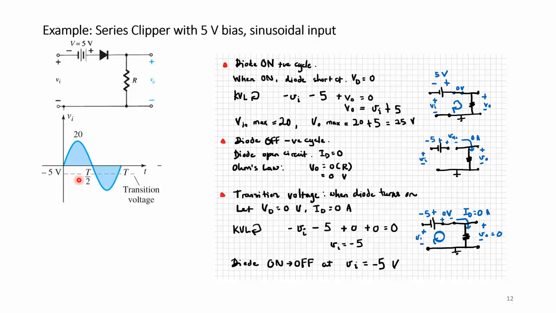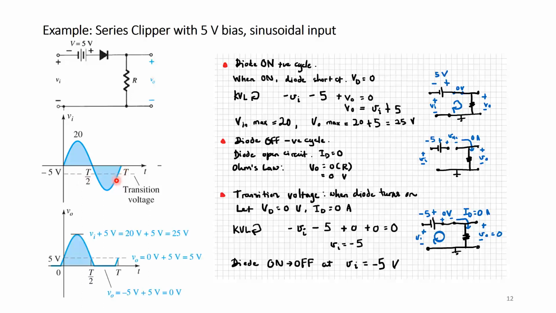It would turn off after T/2, and it would turn on again before the cycle ends at T. Okay, so if we draw it, this is what's going to happen. We have V out imitating V in with an additional 5 volts before 0 volts, not after 0 volts, but before 0 volts. And we have it still imitating after T/2, just after T/2.